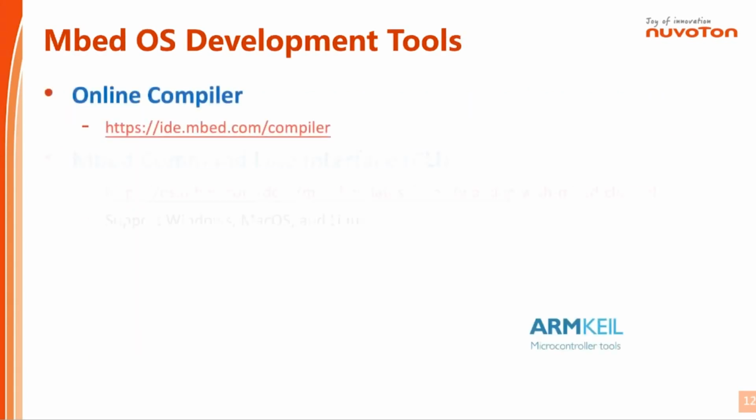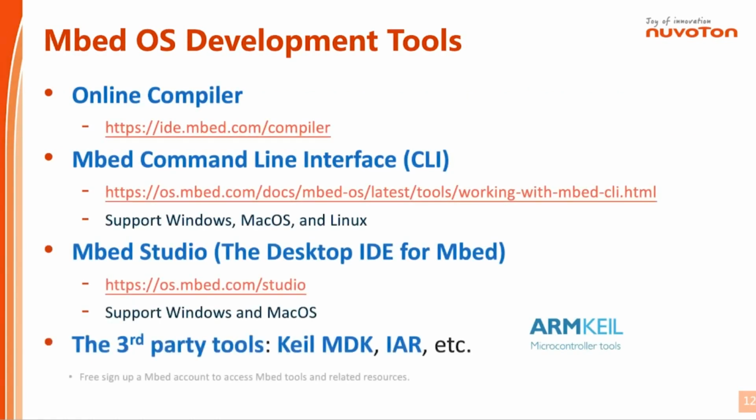The Arm Mbed OS ecosystem includes many tools designed to work with Mbed OS. With these development tools, Mbed Online Compiler, Mbed CLI, and Mbed Studio, you can create, import, and build projects. If you don't have a dedicated desktop setup, you can work online.